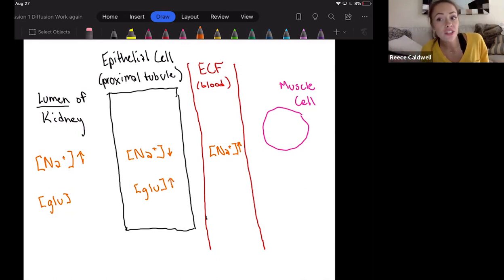In all other cells, glucose is in lower concentrations. Epithelial cells have very large concentrations of glucose, meaning that the outside will have lower concentrations of glucose. So if you want to go ahead and draw that along with me.